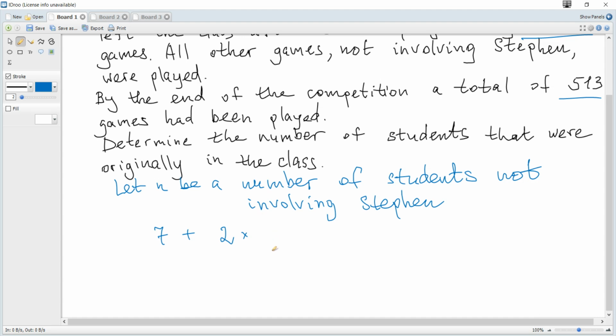For each game we need to choose 2 students out of n, because we consider all other students without Stefan. And the total is 513.